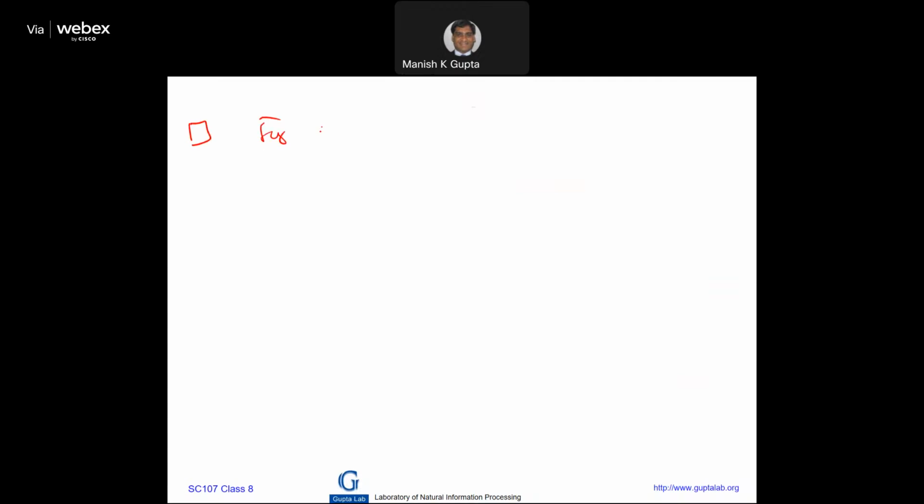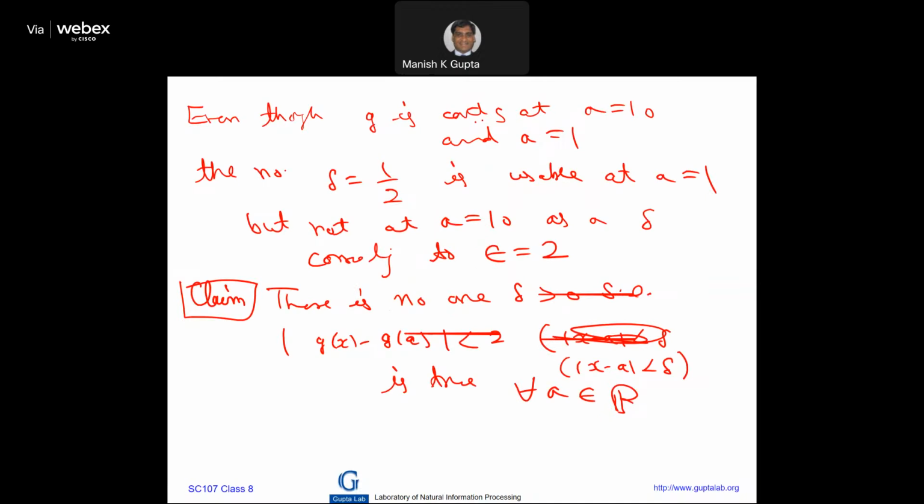g of x minus g of a is equal to (x minus a) into (x plus a), because x square minus a square, right? So our inequality is this. I'm again going to assume that this result is true.